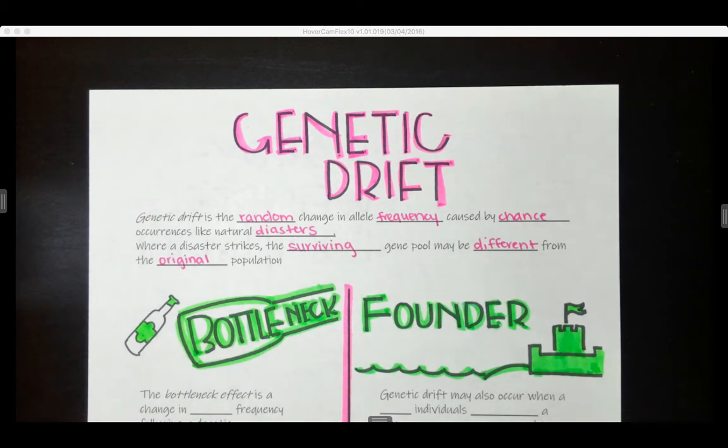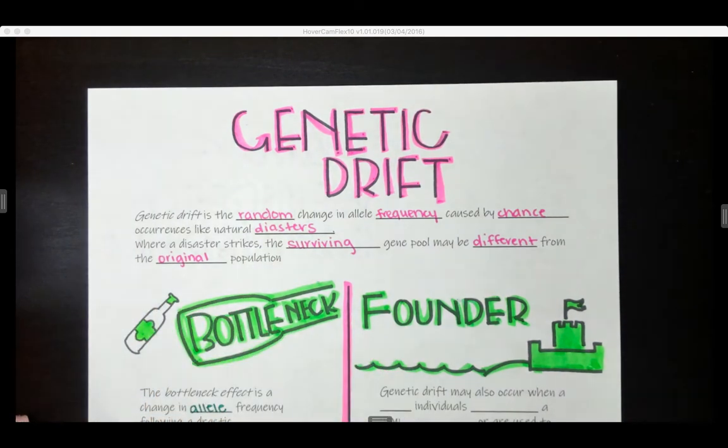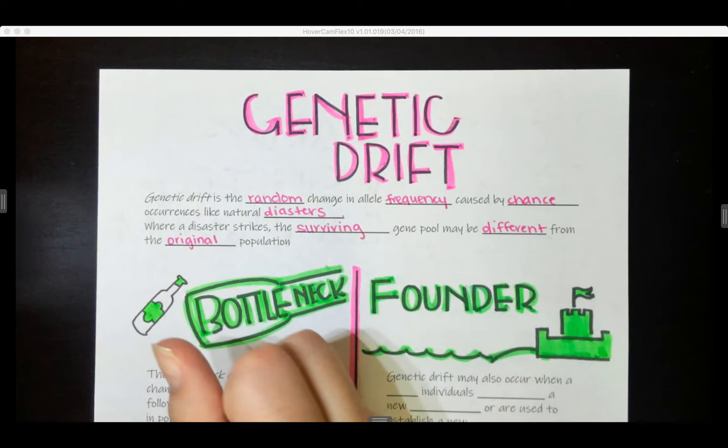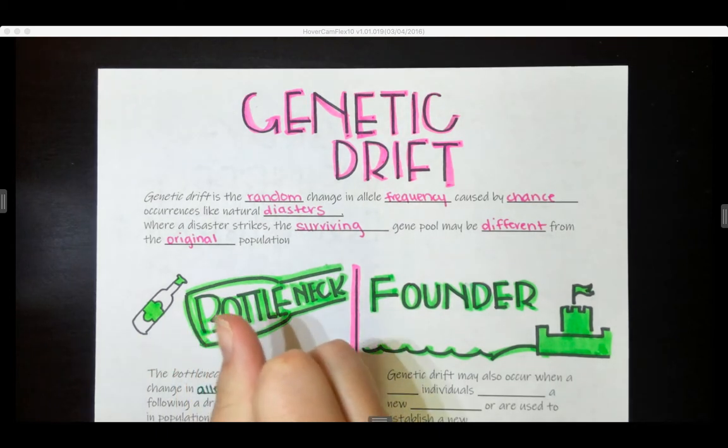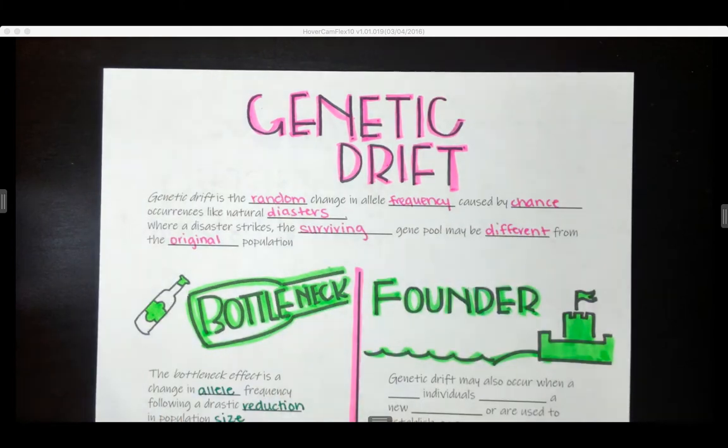So there are two types of genetic drift. The first type is what we call the bottleneck effect, and that is when there is a change in allele frequency following a drastic reduction in population size.